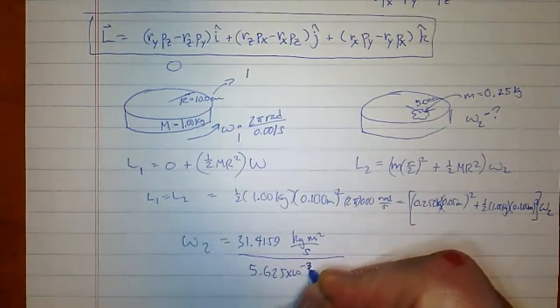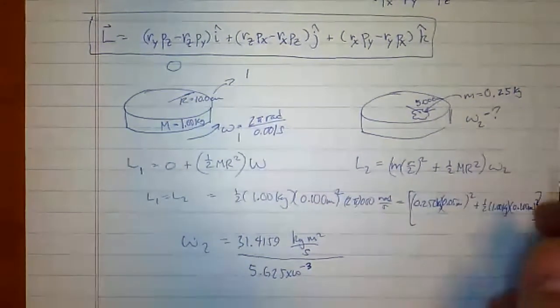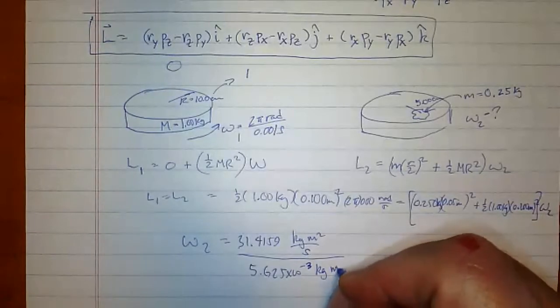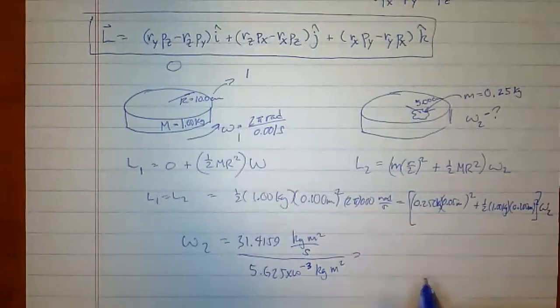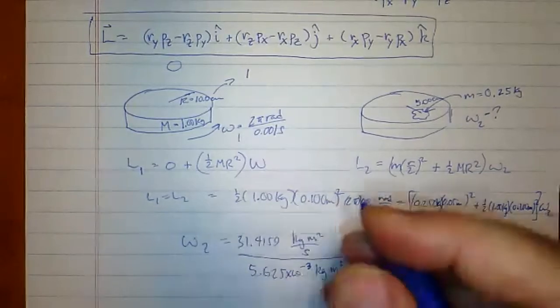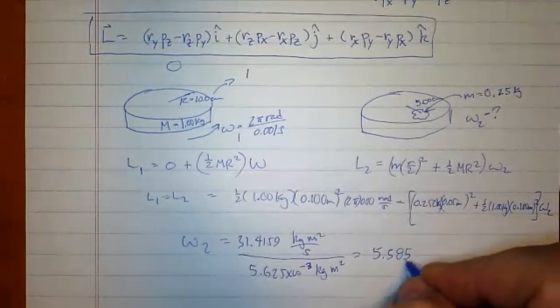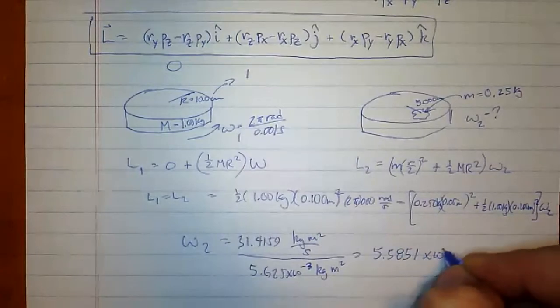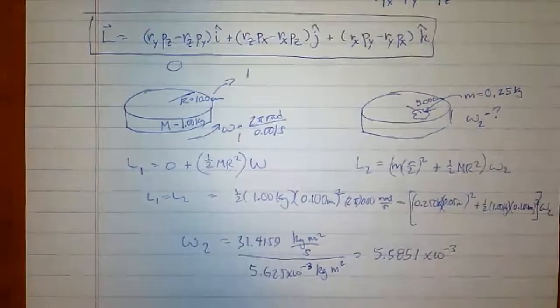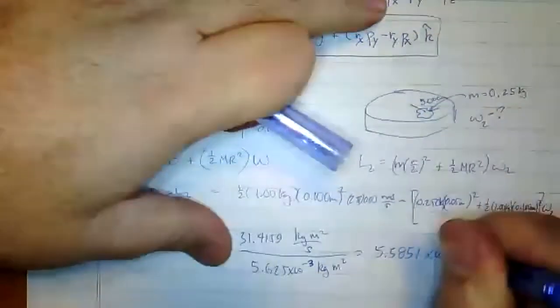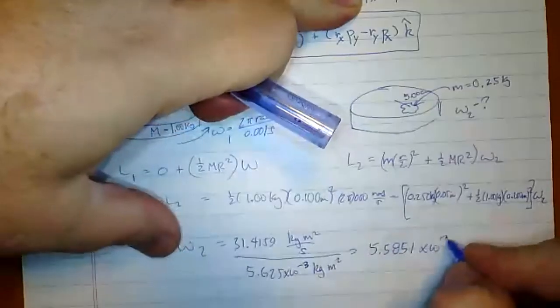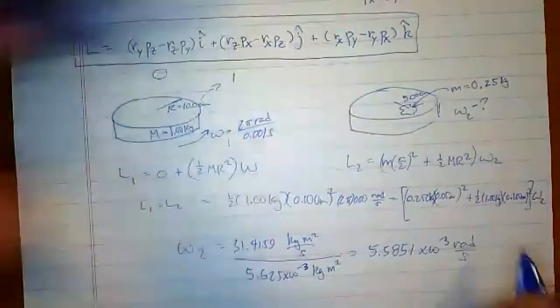And these units turn out to be kilograms meter squared, so you can see that I just get radians per second. So I'm going to do that top number divided by that last number, and I get 5.581 times 10 to the third, sorry about that, radians per second.